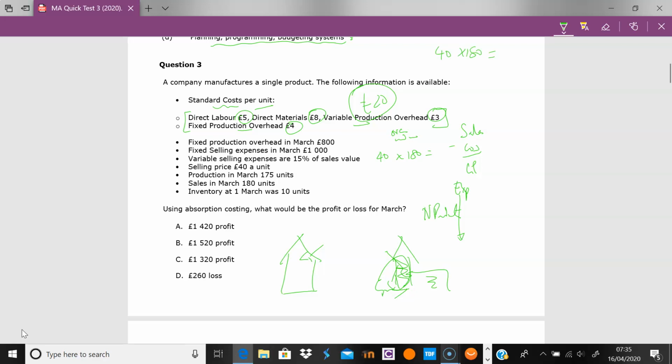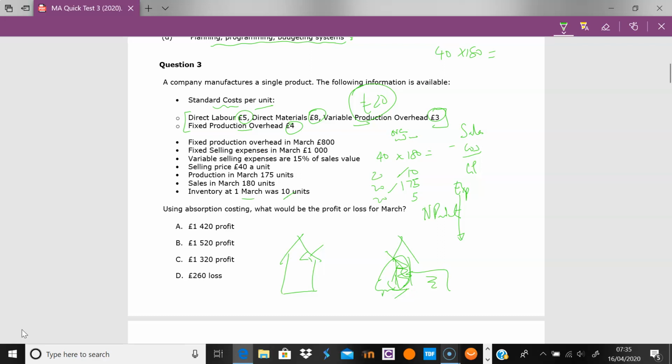So in terms of getting this 180, we know anyway, because it tells us that you start off with 10 items at the beginning of the period. I'm only doing this the long route. I haven't even done it the short route. I'm sure I could get away with that. So you started with 10, you made 175, so it means you have 5 units left. The good thing here is everything costs £20.